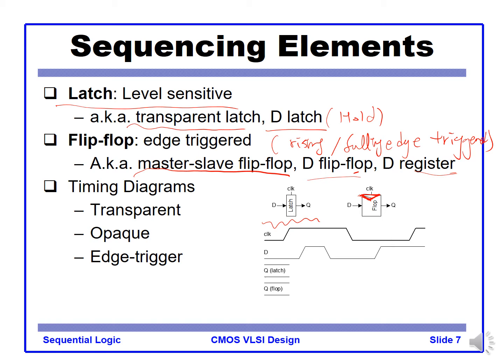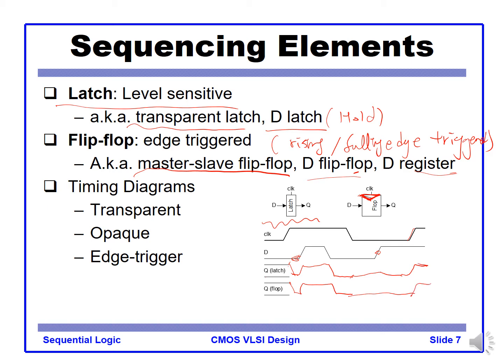When the clock is high, it follows the input, it passes the input, during the transparent mode. Once the clock goes down, hold mode happens, it just holds. Even though the input changes, it doesn't affect the output, right? And when the clock goes up again, it is transparent mode and we follow the input.